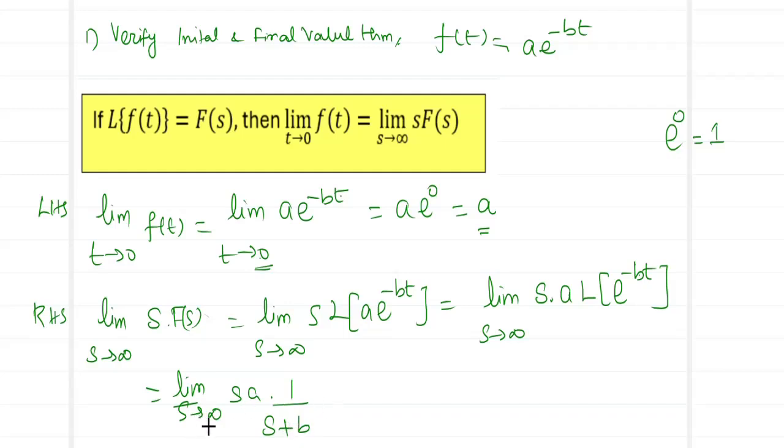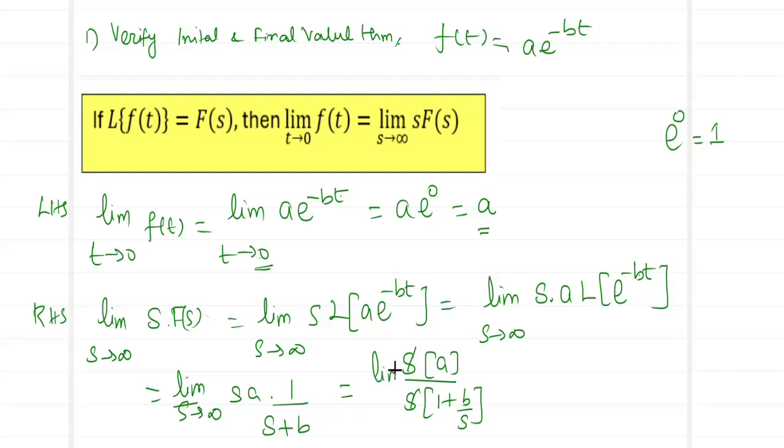As we allow s to infinity, you will have infinity by infinity, which is an indeterminate form. So take s common outside, from both the numerator and the denominator. Your denominator becomes s into 1 plus b by s.